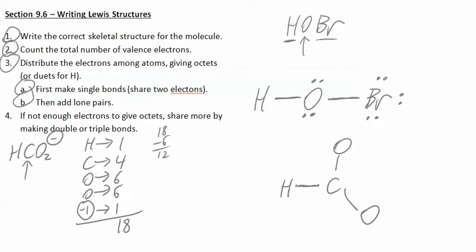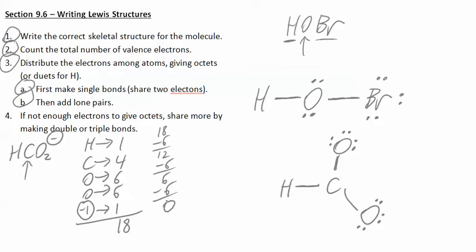Now we're going to add lone pairs. Hydrogen, of course, is good with 2. Oxygen needs 6 more, plus the 2 it's sharing, to give it 8. We used up 6 more. Now we have 6 left. The other oxygen needs 6 more to add to the 2 that it's sharing to have 8.